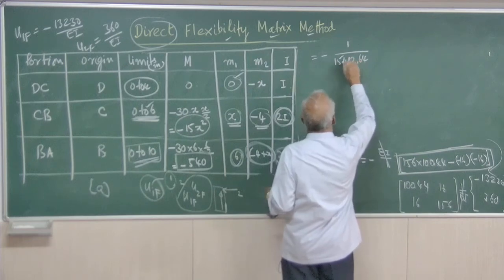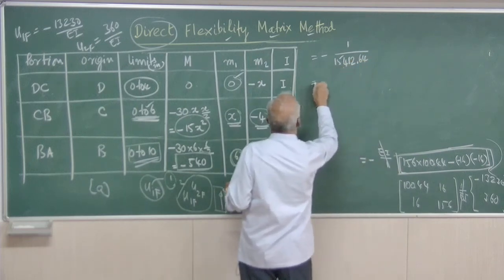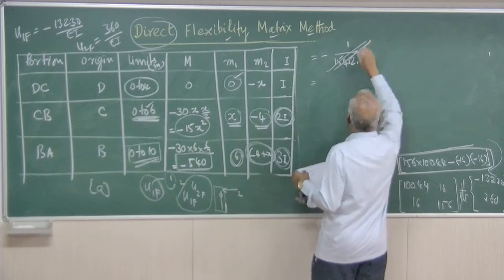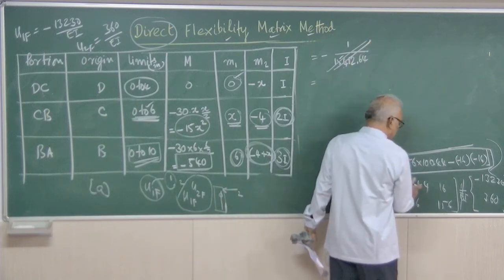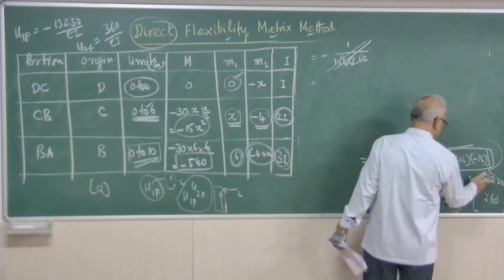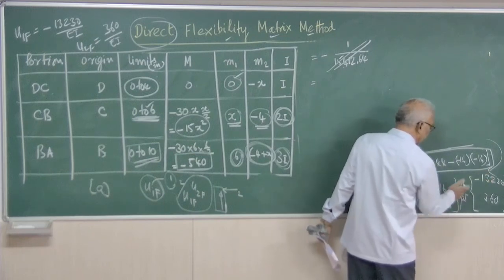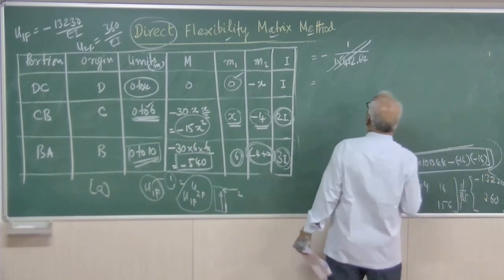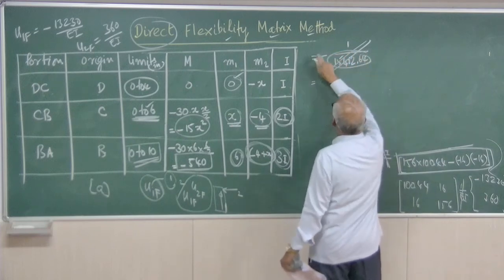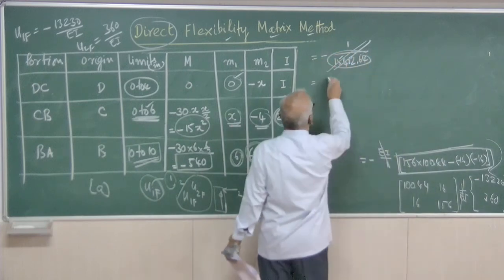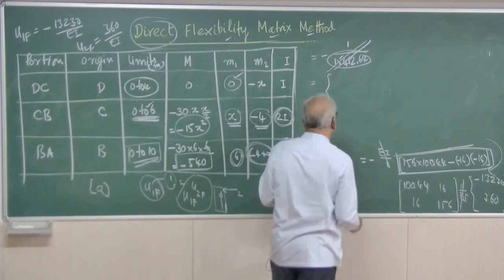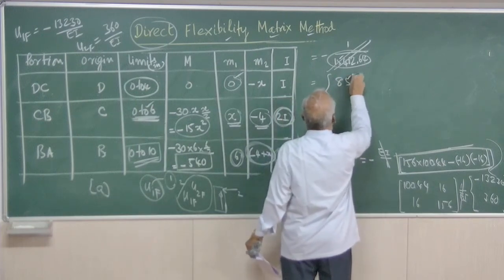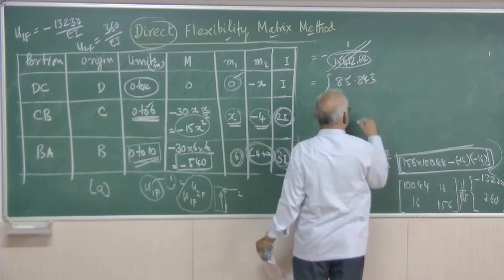People can easily do that calculation, therefore I will avoid it. What is to be done is 100.44 into minus of this value plus 16 into 360, divided by this value, minus of that value, which will finally be 85.843.